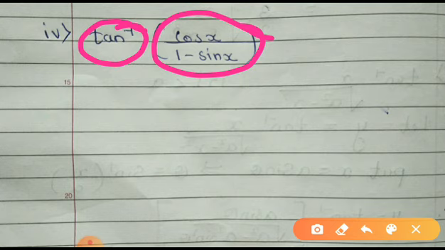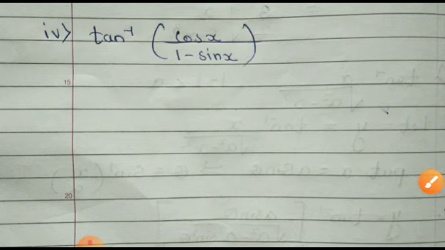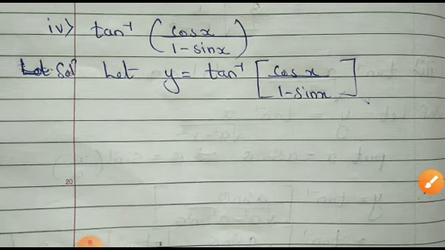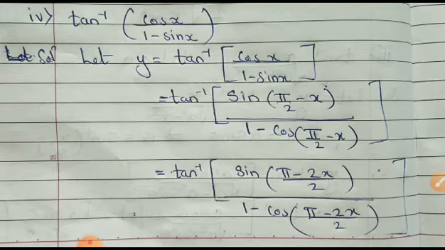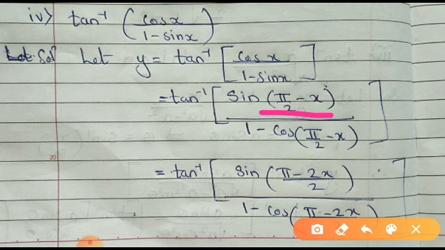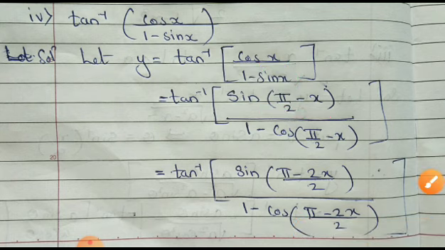So cos x can be written as what? Can I write it as sine of pi by 2 minus x? Okay, yes, the same. So I can write that as sine of pi by 2 minus x, and instead of sine x I can write cos of pi by 2 minus x. Okay, just simplify it. You will have sine of pi minus 2x by 2 and 1 minus cos of pi minus 2x by 2.